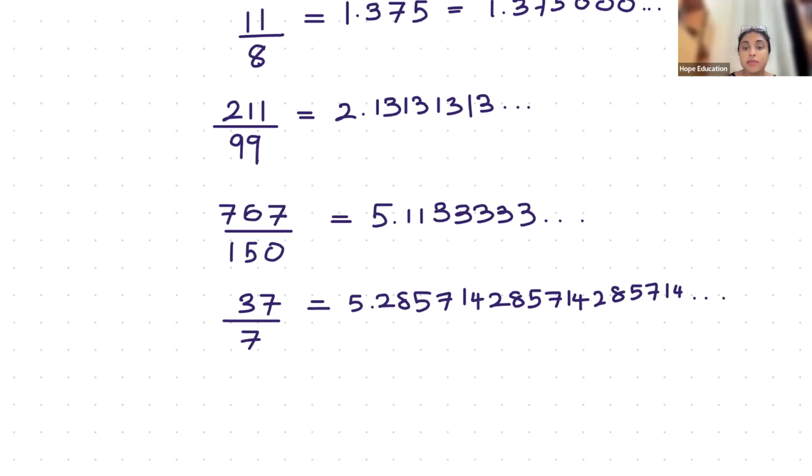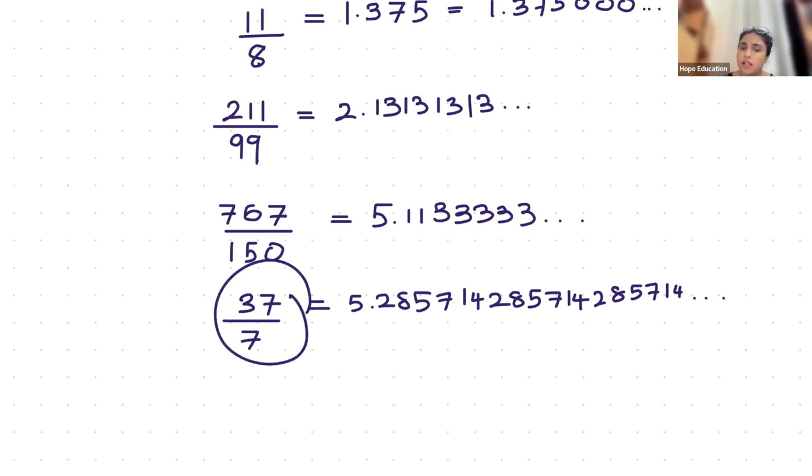Just look at the fraction. It looks like a rational number. You can see it is a fraction with a numerator and a denominator. Both the numerator and the denominator are integers, and the denominator is not equal to 0. So looking at the fraction, it's a rational number.